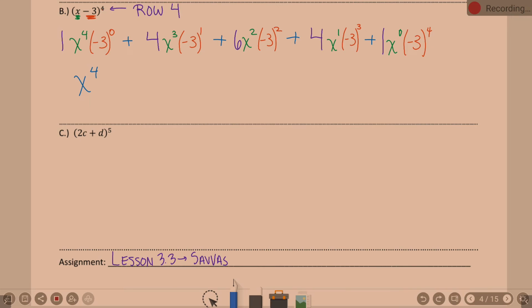Okay. Now, a little bit of thinking here. 4 times x to the 3rd times -3 to the 1st. What would you say that is going to be? 4x to the 3rd. Not plus.